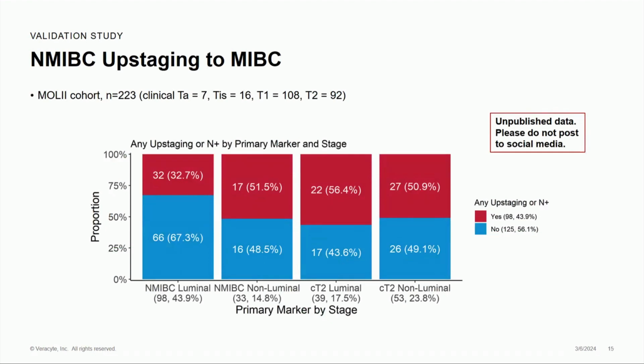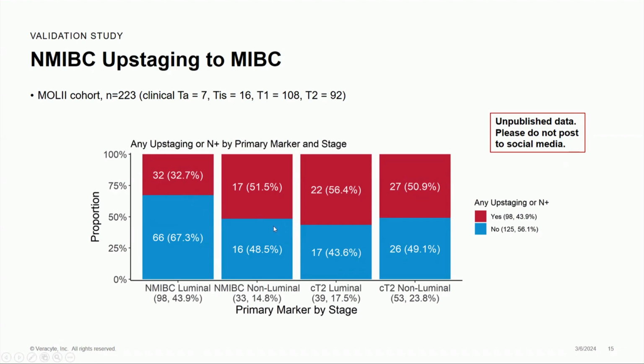So we did a little bit of a follow-up study here. This is actually unpublished data. In this study, we're looking at non-muscle-invasive tumors, so Ta, Tis, and T1s upstaged to muscle invasive, so anything T2 or nodal involvement. Here again, you see very similar patterns. We see about 30% of luminal tumors are upstaged versus about 50% of non-luminal tumors.